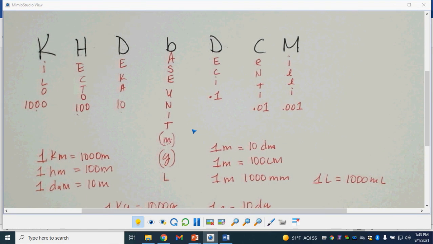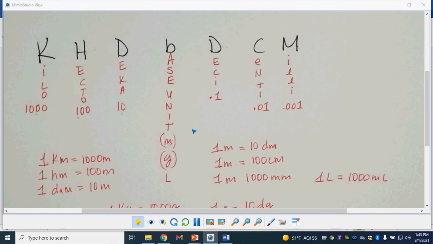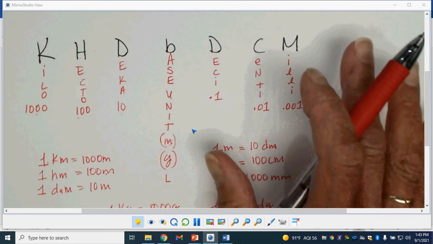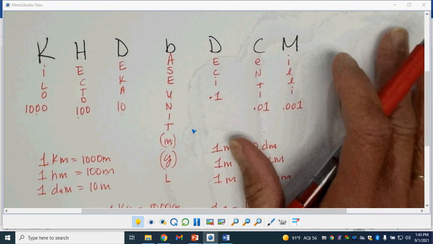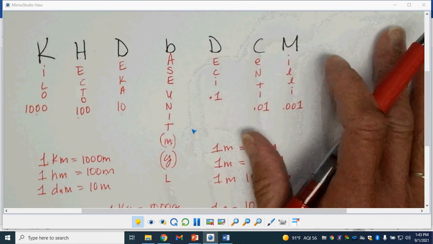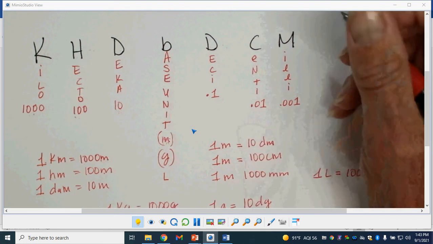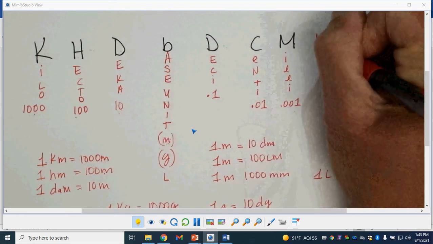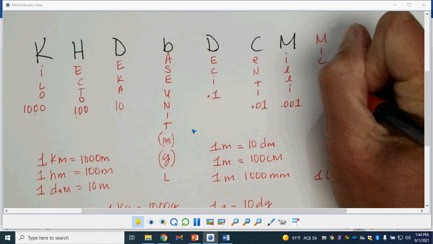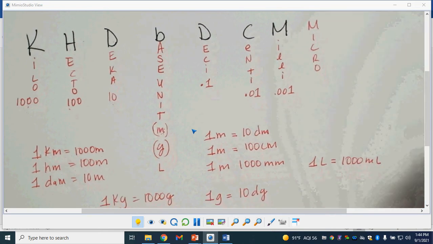And there's a few that I want to add to this that are sort of uncommon. Over to our smaller than the base unit side, we've got 2 others. We have micro. Micro means a millionth.